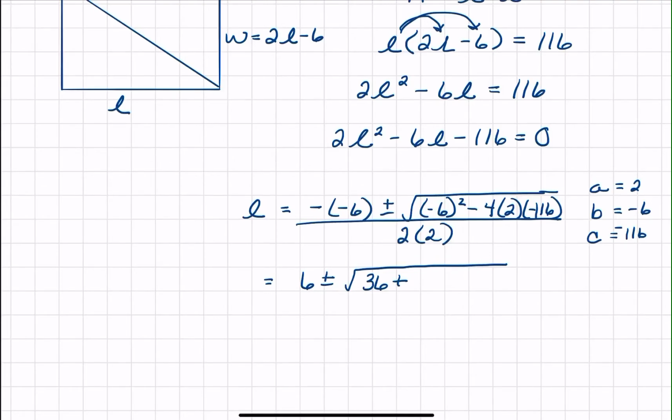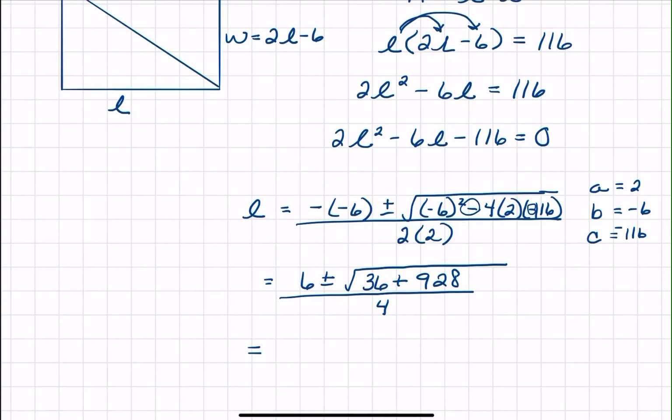So I'm going to do 36. My two negatives will make that a positive, so I can just do 4 times 2 times 116 is 928, all over 4. Now this will give me two answers, but the square root of 36 plus 928 is bigger than 6.